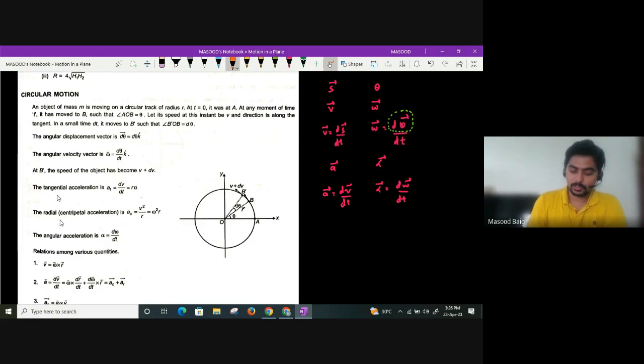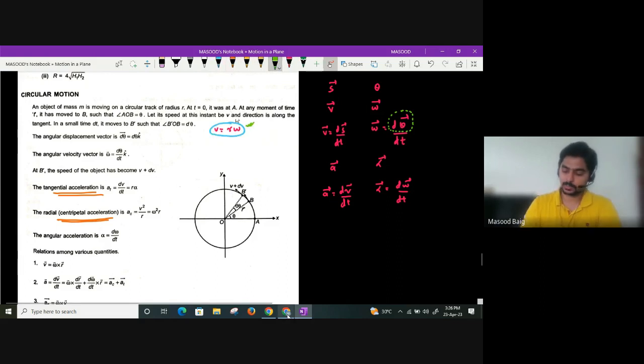One will be your centripetal acceleration directed towards center. Other will be your tangential acceleration directed along the tangent, guys. There is a relation between linear speed and angular speed. V will be equal to R omega will be that particular relation between linear speed as well as your angular speed, beta.